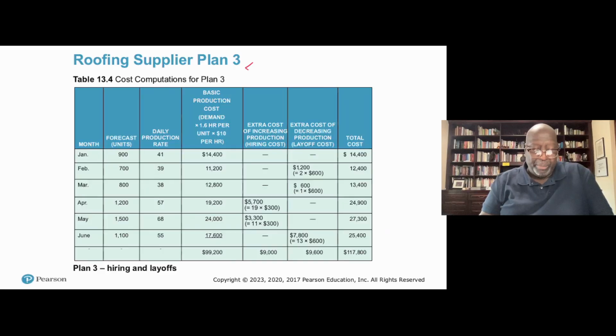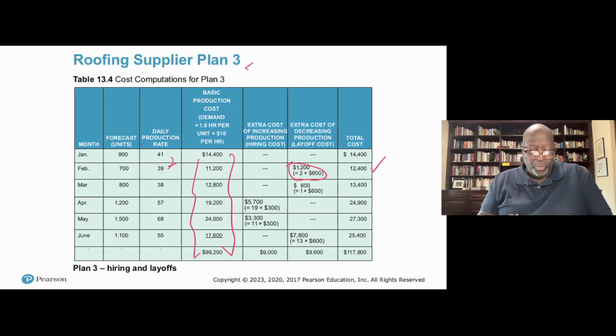So if you notice, what's happening here is that we determine the basic production costs for the quantities that we're producing. However, we're going to have to look at the extra cost of increasing production or lowering production. In the first case, where we lower production, we lowered it by 2, so 2 times $600 for layoffs will give us that cost right here.